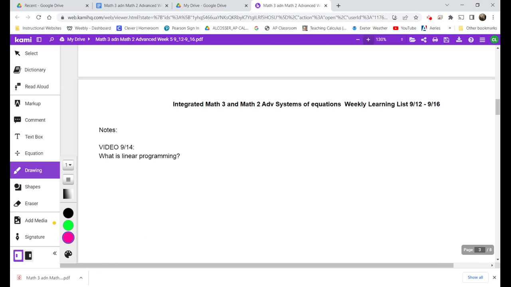Okay, linear programming. It's also known as linear optimization. So linear optimization or linear programming: the idea is that linear just means it's all straight lines, and the idea of programming means we are testing something.